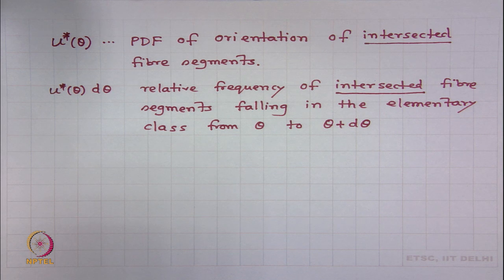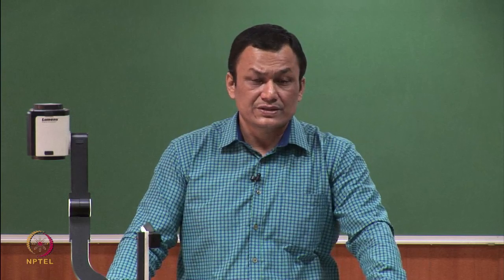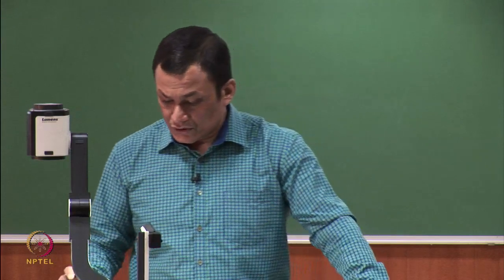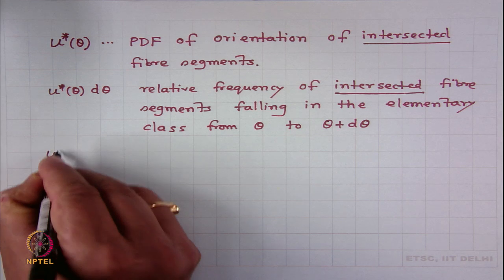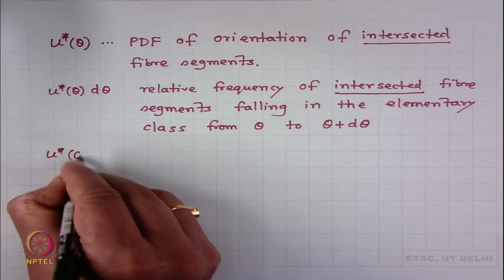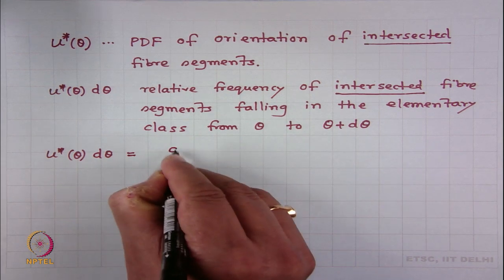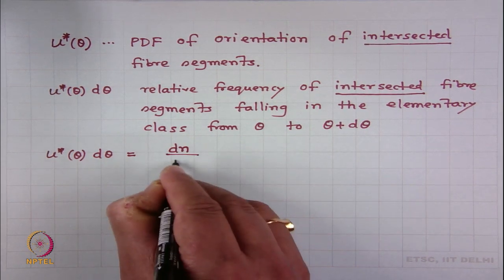This is what makes the entire thing different. Then what is the meaning of u star theta d theta? This is the relative frequency. Relative frequency is defined by frequency divided by total frequency. So, what is the frequency? Frequency is dn. What is the total frequency? Total frequency is small n. So, u star theta d theta is equal to frequency divided by total frequency.